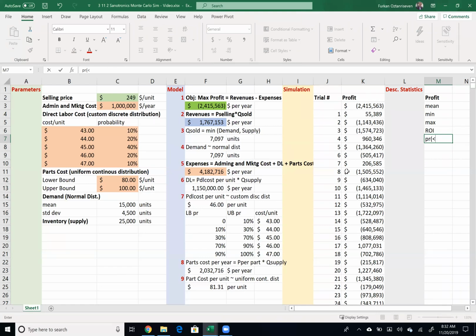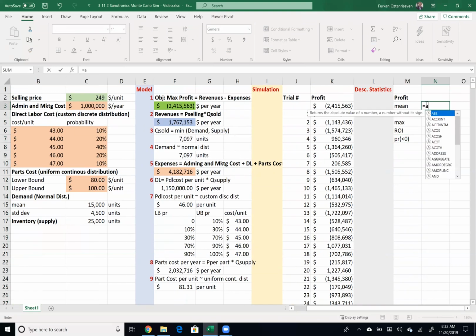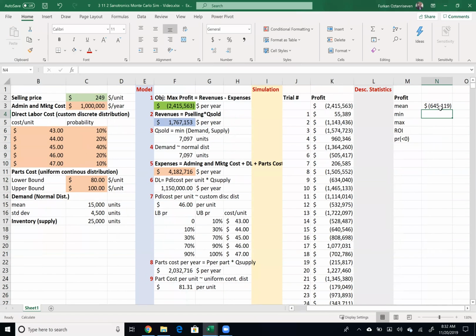All right, so let's start with the average profit. Basically, I type average and then take the average of these 1,000 results. Control Shift down, press enter, and now it looks like on average I'm losing money, right? Yeah, for the given numbers.